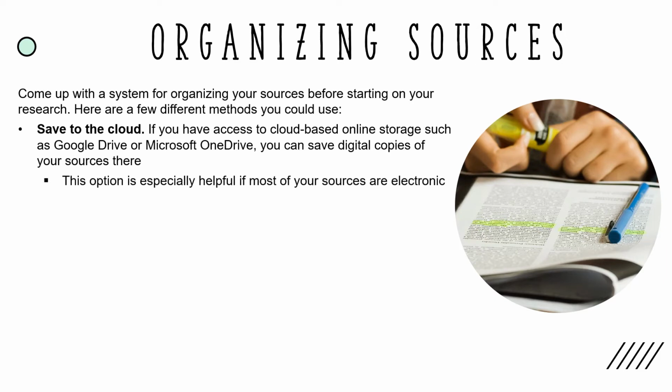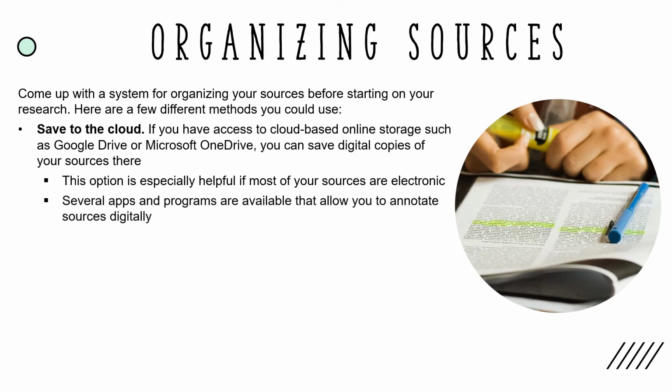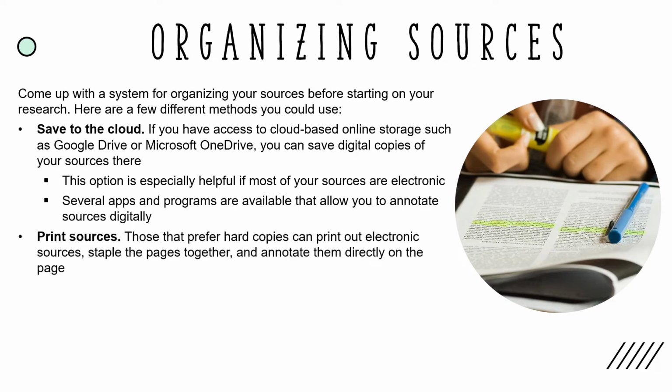This option is especially helpful if most of your sources are electronic. In addition, several apps and programs are available that allow you to annotate sources digitally as well. Those that prefer hard copies can print out electronic sources, staple the pages together, and annotate them directly on the page.